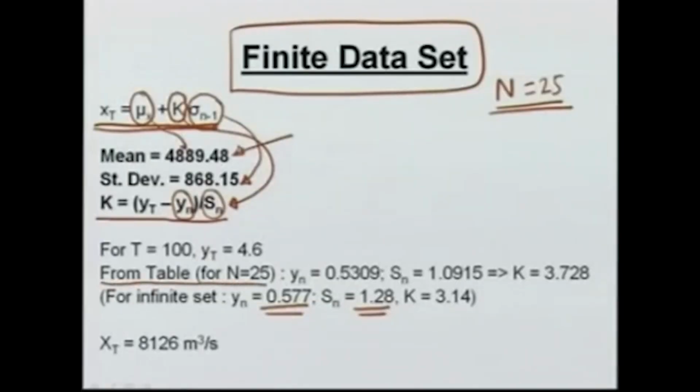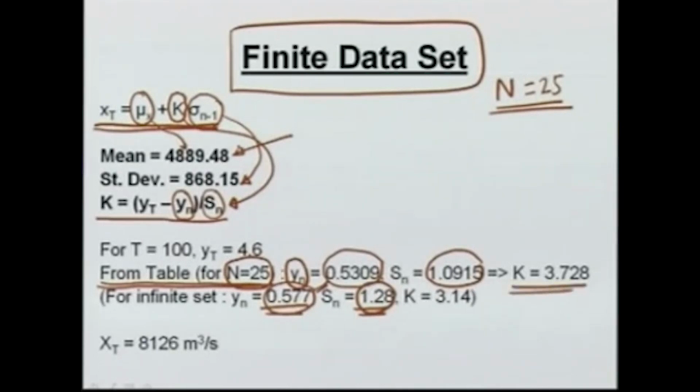So, from the table, which is again given in various books, we obtain a value of y_n for 25-year data as 0.5309. If we have a large data set, then 0.577 is the value. So, there is some change here. Similarly, S_n for an infinite data set is 1.28 and for a 25-year record 1.09. So, this gives us a value of K.